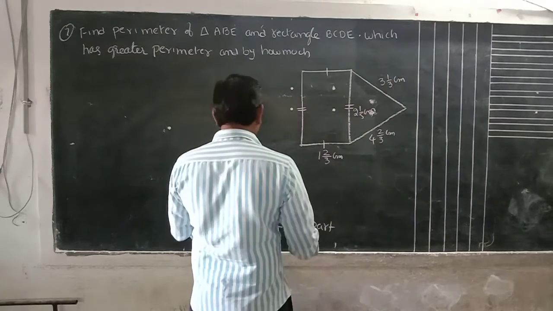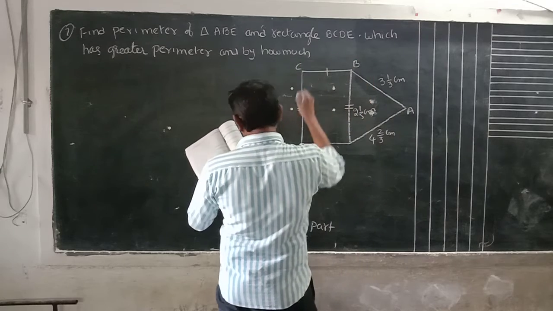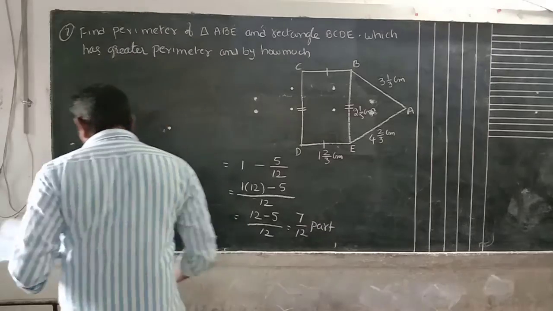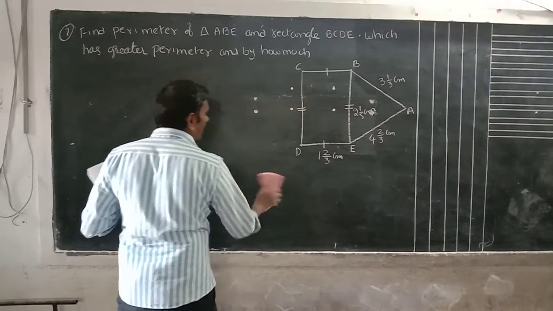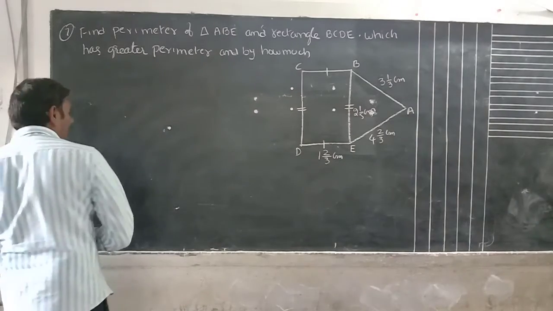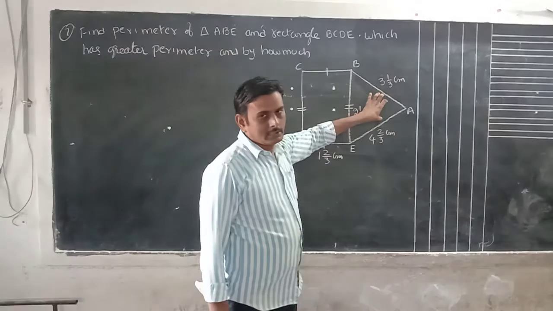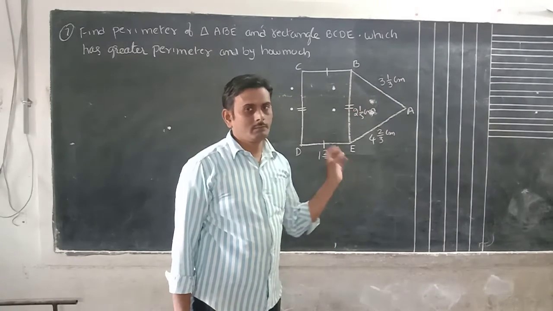Okay, like this given. The name is also given A, B, C, D, E. Okay, in this picture we can observe two shapes. One is rectangle, another one is a triangle. We have to find the perimeter of rectangle, perimeter of triangle. Okay, which have more perimeter, by how much we want to calculate.